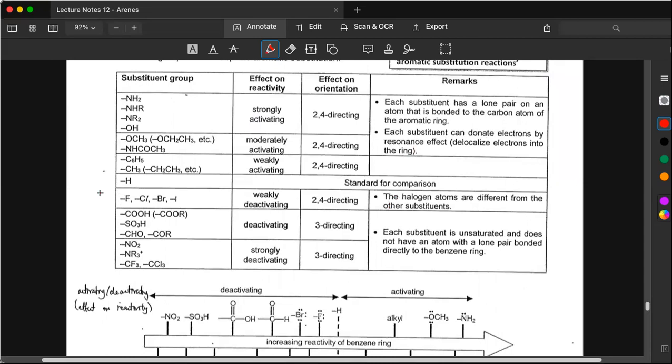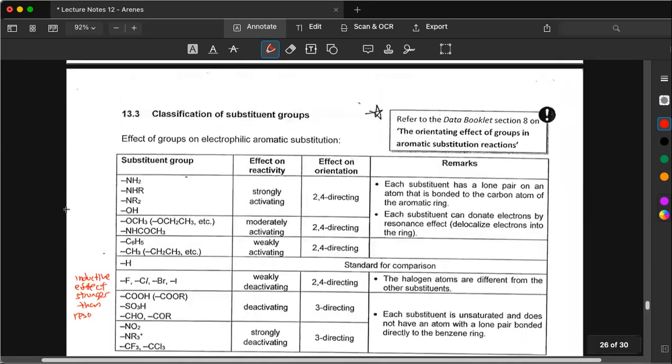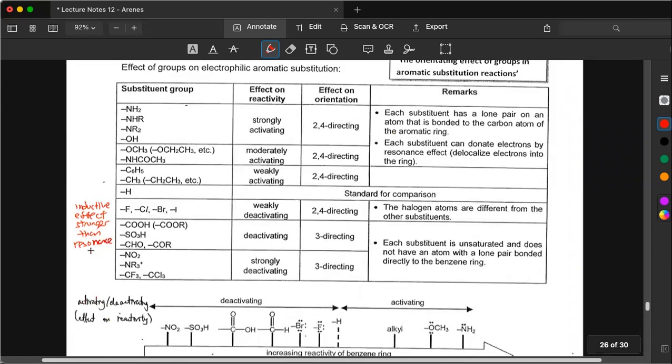Then resonance effects. For here, each substituent is unsaturated and does not have an atom with a lone pair bonded directly to the benzene ring. So they are electron withdrawing.